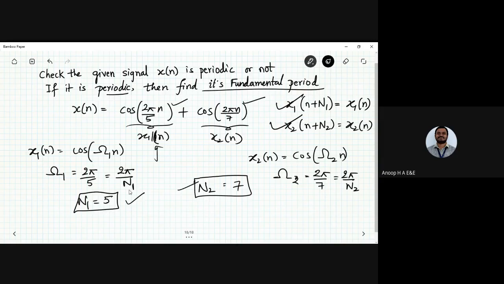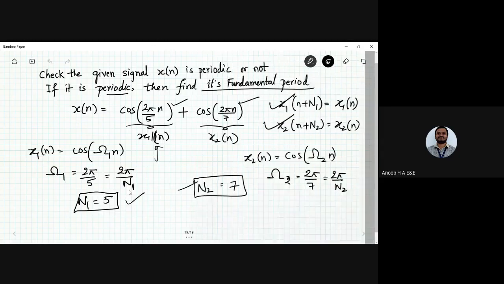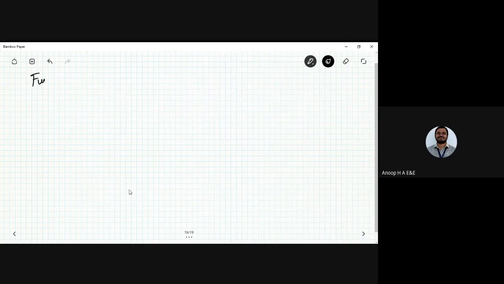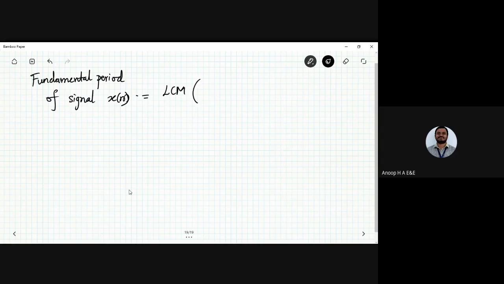Now, the next thing I need to do is calculate the fundamental period of signal x of n. The fundamental period of signal x of n is given by the LCM of the two periods, n1 and n2.